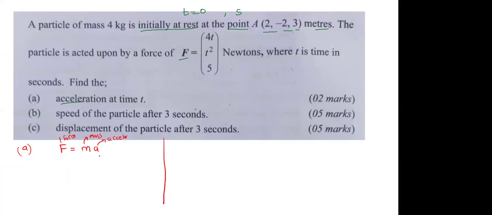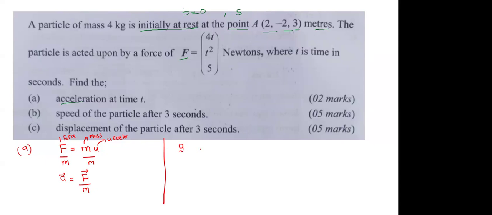And what do they want us to obtain here? They want us to obtain acceleration, meaning that you must make a the subject, so you divide by m, meaning that your acceleration is given by force over mass. But do not forget that acceleration is a vector quantity and force is a vector quantity.